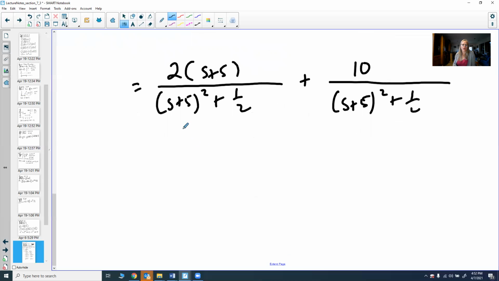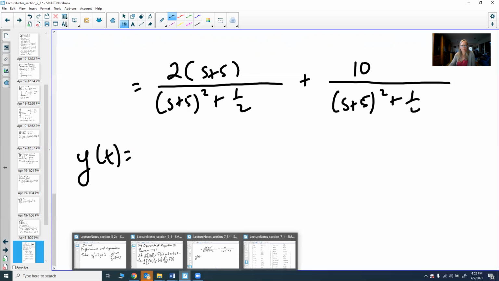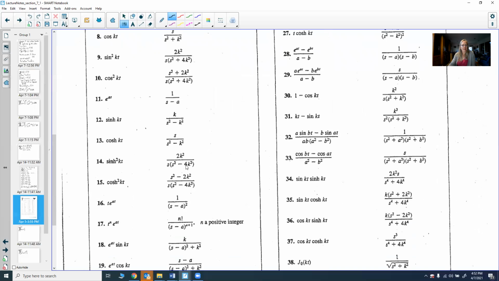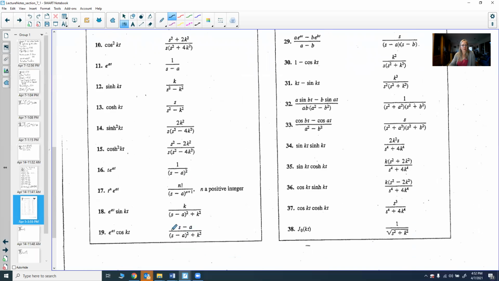Okay. So now that tells me I can go ahead and do the inverse Laplace. Y of t would be the inverse Laplace of this, which is s plus 5 over s plus 5 squared plus 1/2. Again, anytime I see an s plus 5 going on here, it's going to tell me I'm going to have an e to a power. Again, we can use number 19 perfectly just like this.